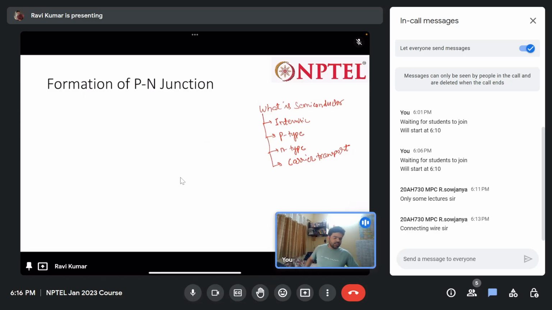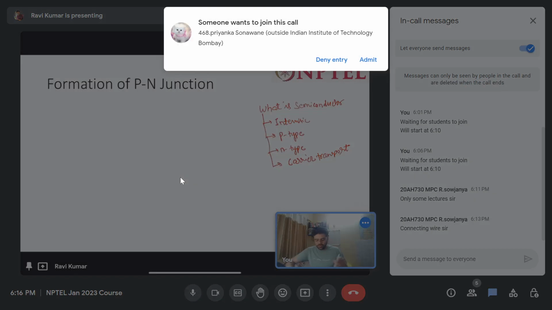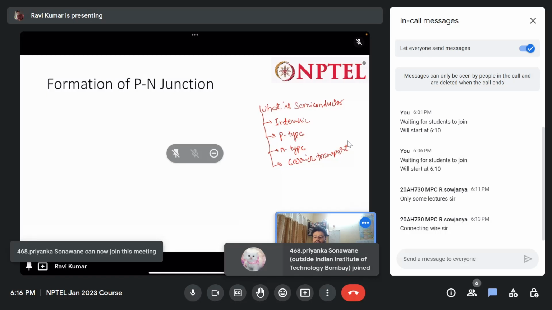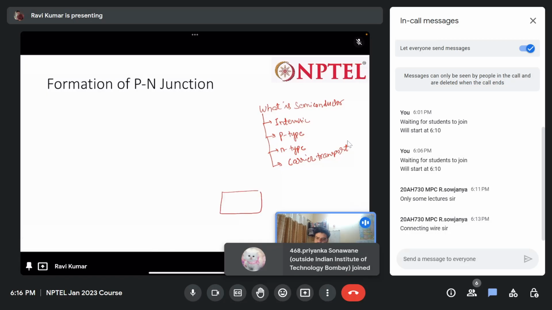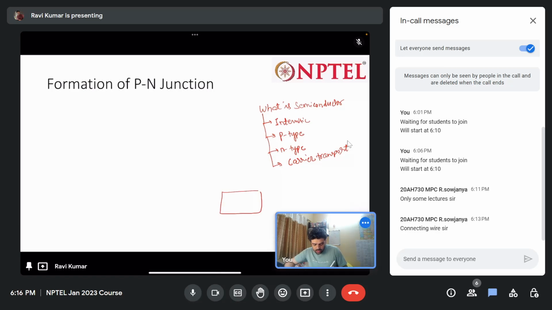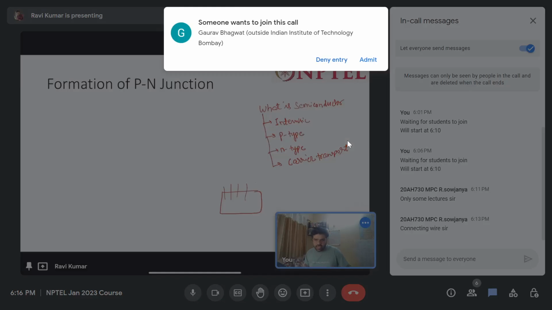So it is not like this. If we have a p-type semiconductor and an n-type semiconductor and connect them with wires, it won't create a p-n junction. What we generally do is take a p-type material and deposit on it. Deposition takes place like vapor deposition.